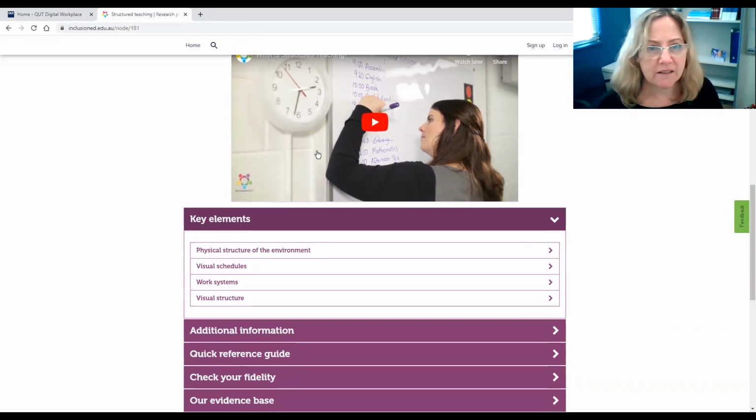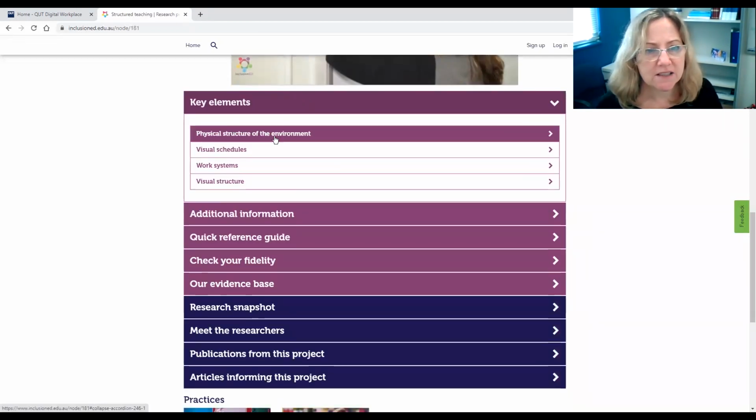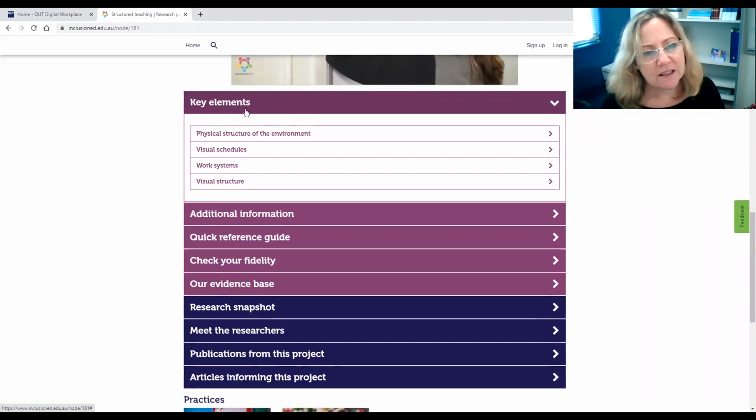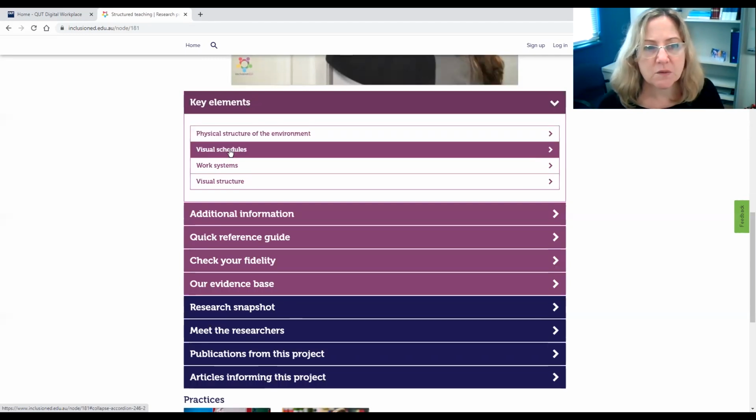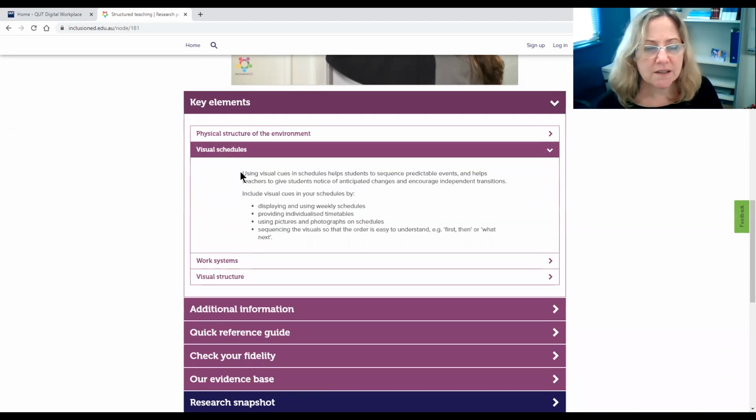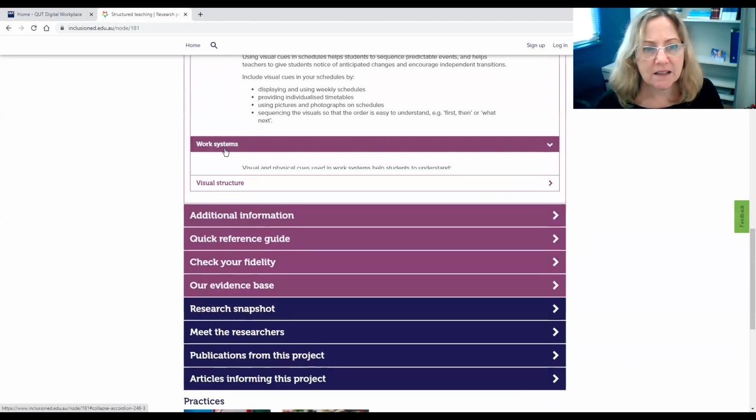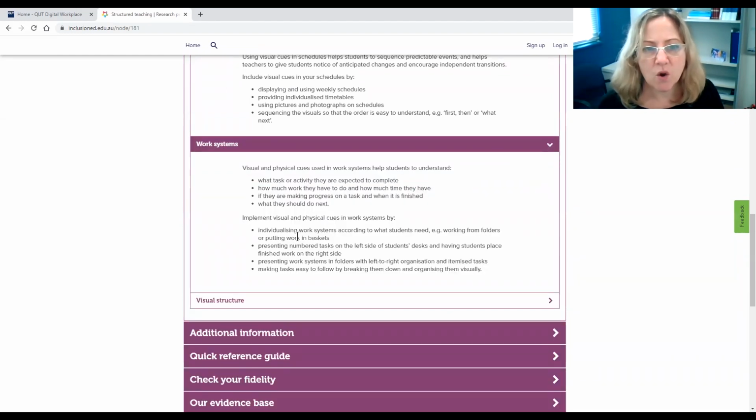So I can go here and have a look generally at what structured teaching is. Key elements. Now, this tells me a little bit more about structured teaching itself. And this project was about visual schedules, so it's going to give me more information about that, and more information about work systems.